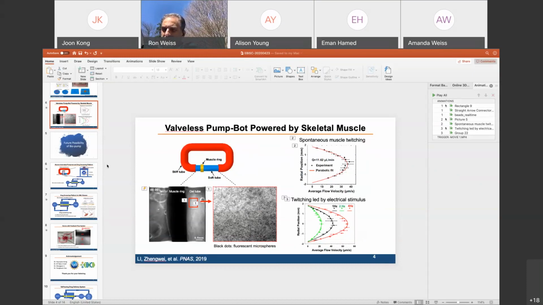It's a very nice presentation. Since the skeletal muscle is very strong, it basically collapses the endothelial tube lining beneath.